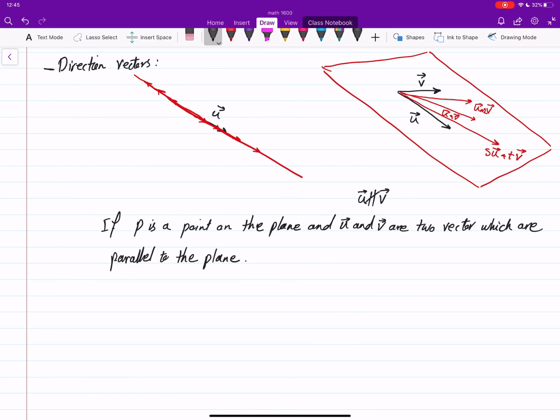Then what we can do, well, you pick any two parameters, s and t, any two numbers, then you find all the points.